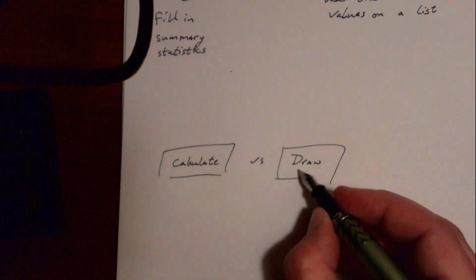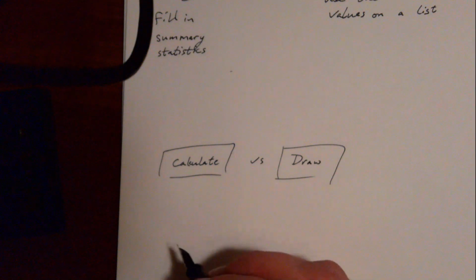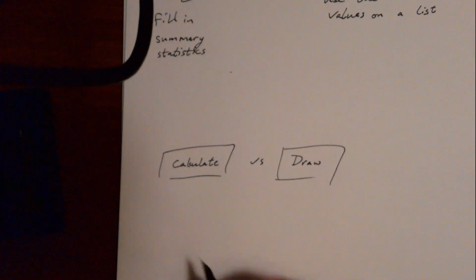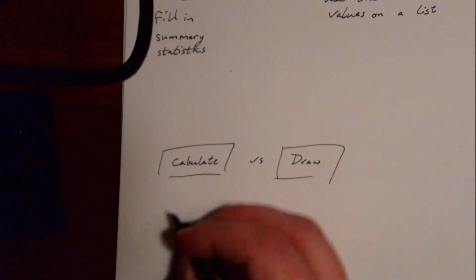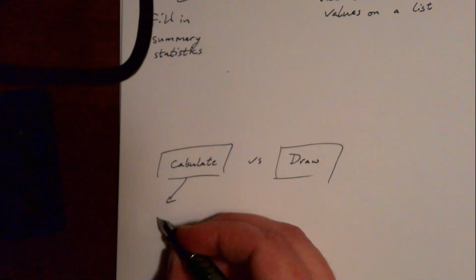Draw, which is for tests specifically, will give you the actual bell curve with the appropriate piece shaded to match the tails of your hypothesis test. So this just gives you the information you need to make a conclusion. This just performs the test.